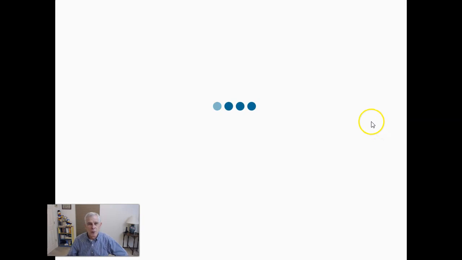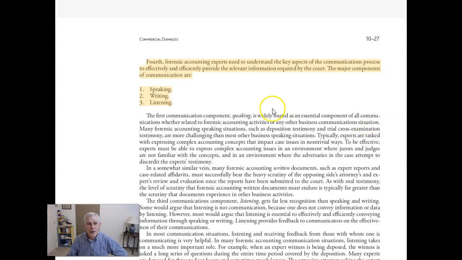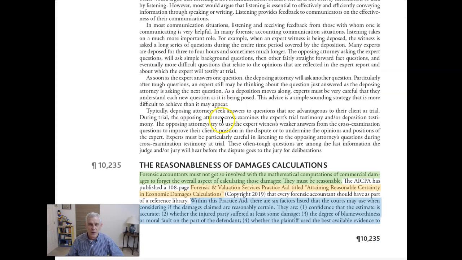So several pages on communication. And speaking, writing, and listening. Yes, listening. Listen to what the attorney you're working for is telling you. Listen to the attorney's client. Listen to the judge's question on the witness stand. Again, listening skills are also very, very important.